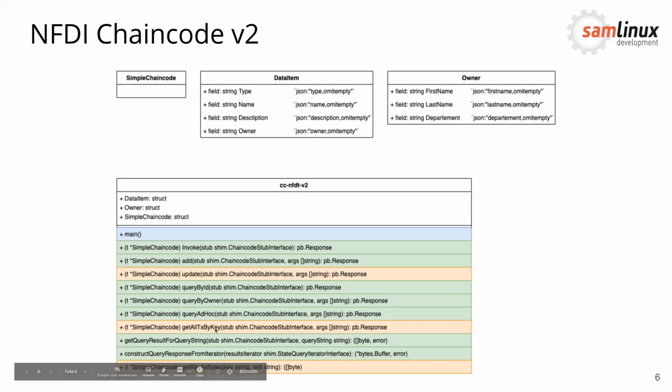That's an interesting part, because we have an asset, and an asset has different states, and we want to know the history of this asset. Then we want to query the asset, and the result is an object array with all transactions we have done to this asset.